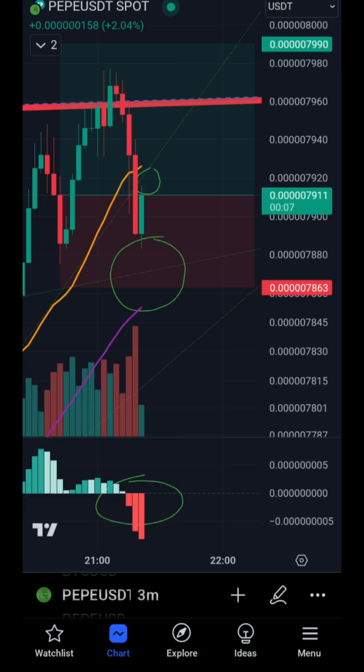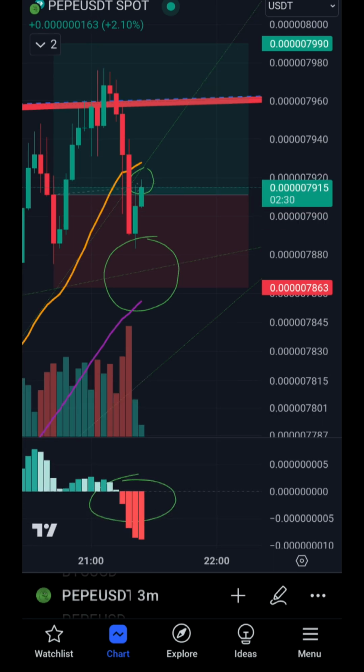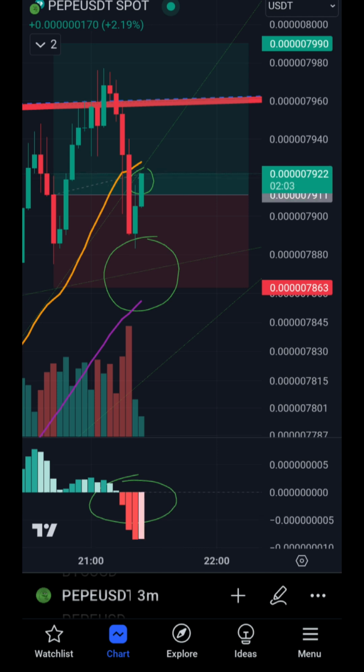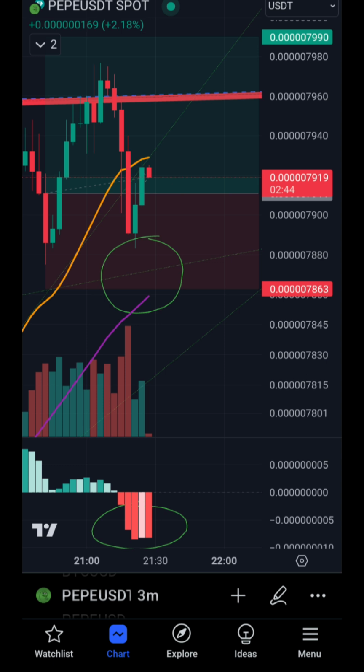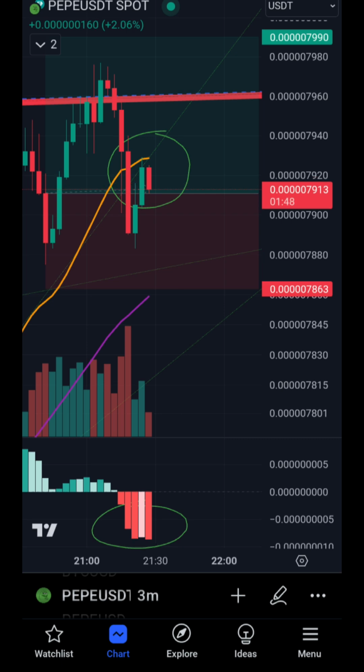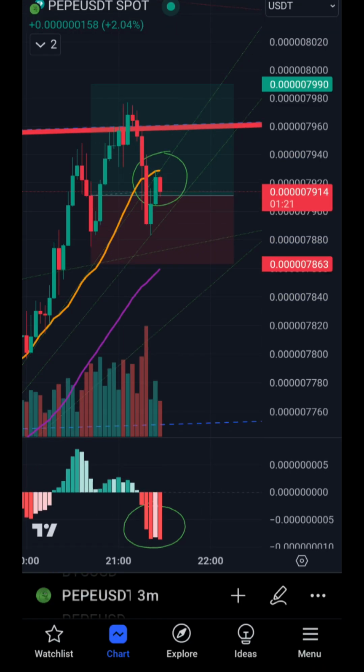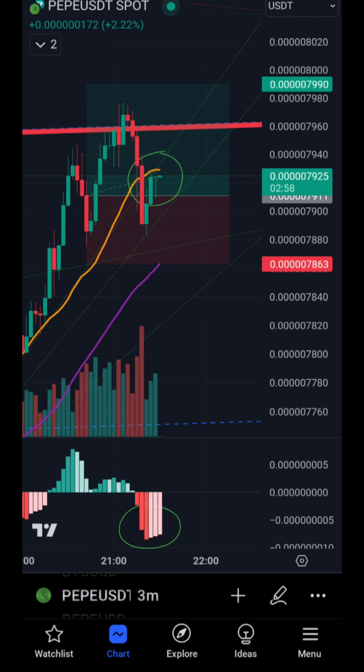Now the previous bullish trend line becomes a bit of a resistance here, you will see. Right here. Yeah, you see how it's reacting. But slowly it's managing to creep up.